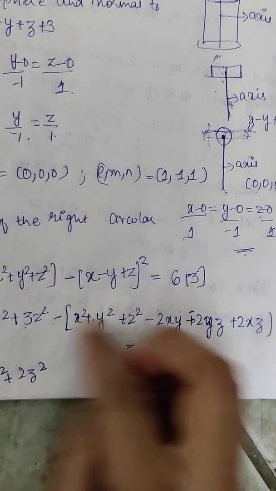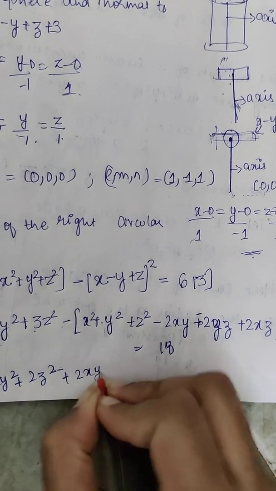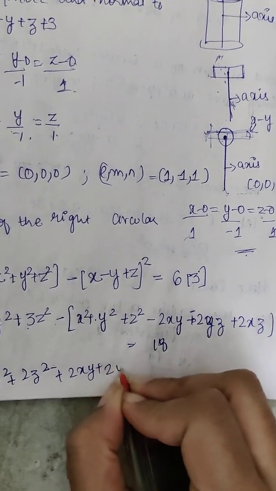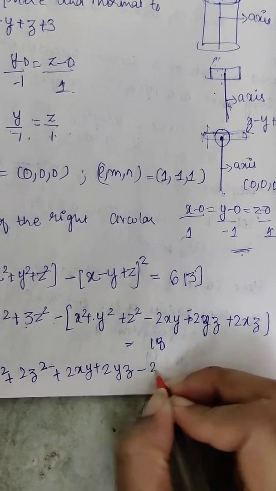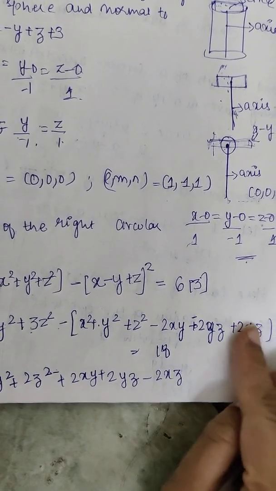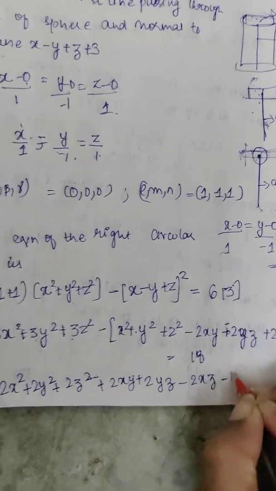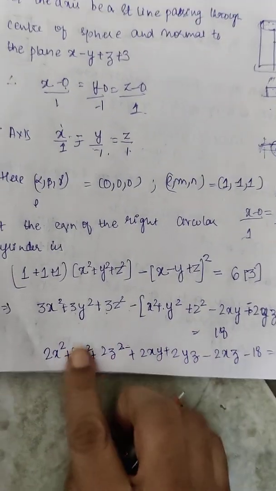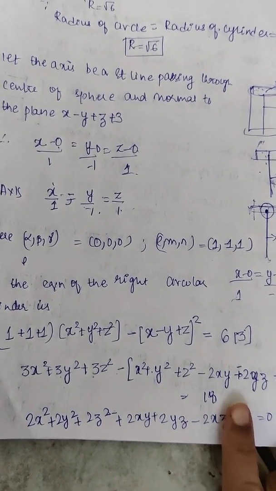Then, minus into minus is going to become plus 2xy, plus 2yz, minus 2xz. Do I have any constant? No. Minus 18 equals 0 is the equation of the right circular cylinder.